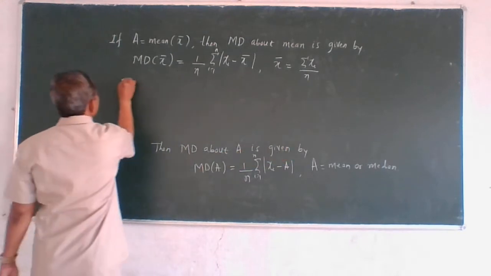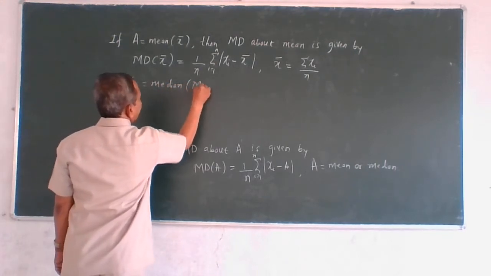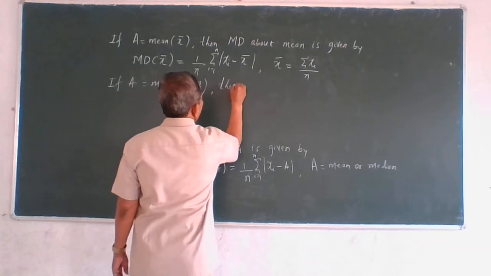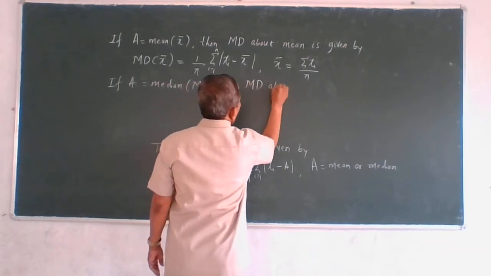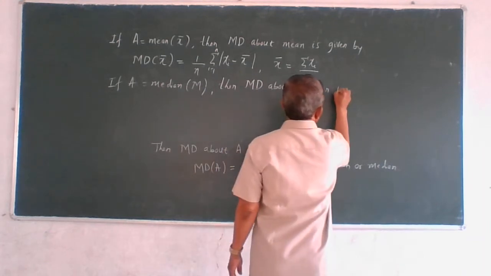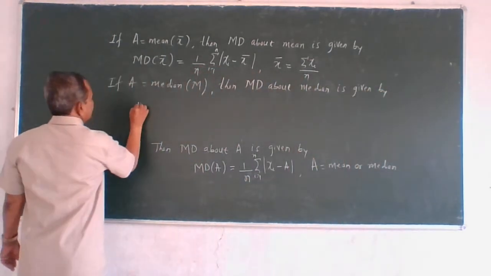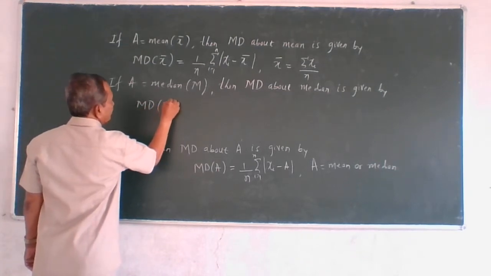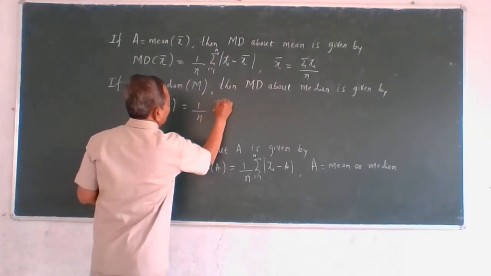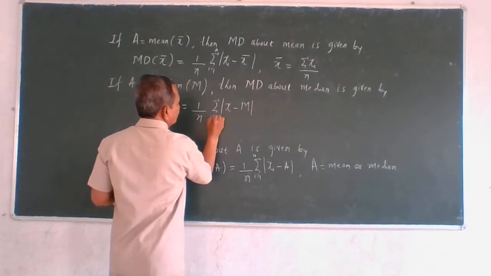Now if we take A as median, let us denote the median by capital M. Then the mean deviation about median is given by: mean deviation about M is equal to, replacing A by M, 1 by n summation of modulus of xi minus M, i equal to 1 to n.